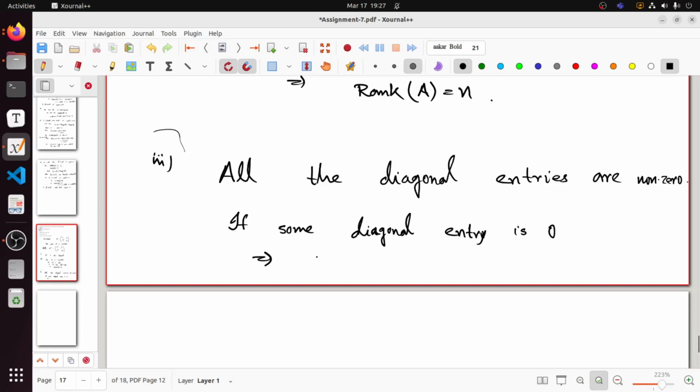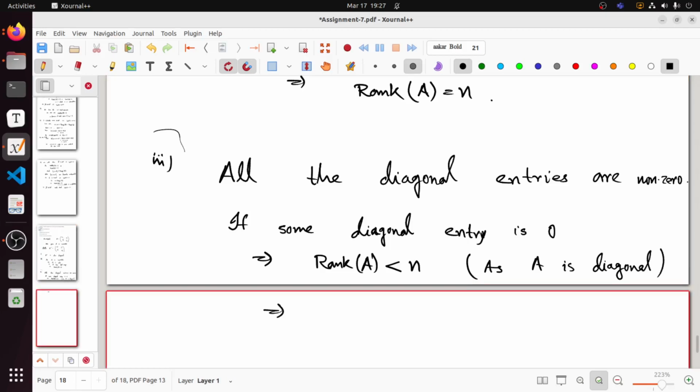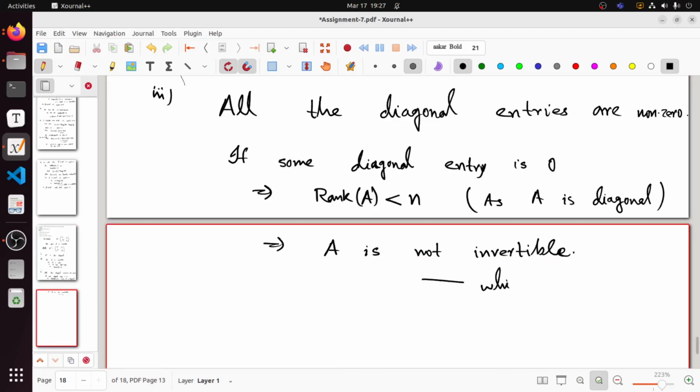Because it is a diagonal matrix, then the rank of A will be less than n, right? Which implies A is not invertible, right? And which is a contradiction, because A is invertible, given. So which implies all the diagonal entries are non-zero.